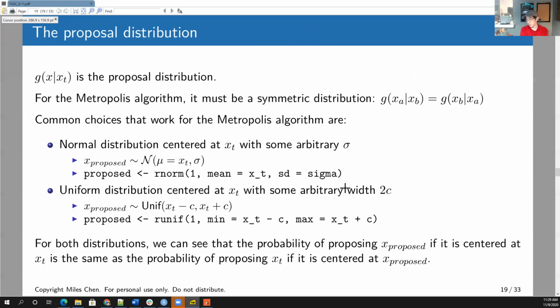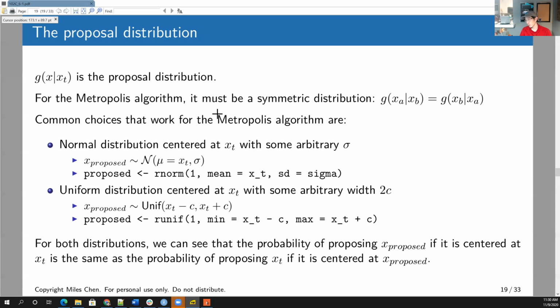All right, and let me talk about the proposal distribution. For the Metropolis algorithm, the proposal distribution needs to be symmetric. You can have distributions that aren't symmetric as proposal distributions, but then you have to account for that, and that becomes what we call the Metropolis-Hastings algorithm. But here are just a few common choices.